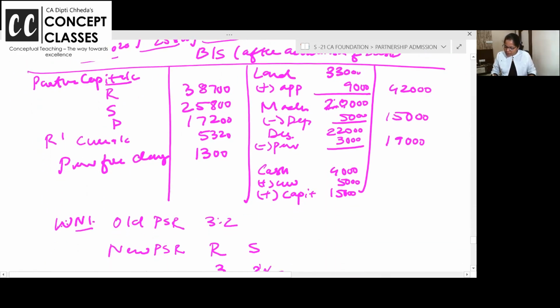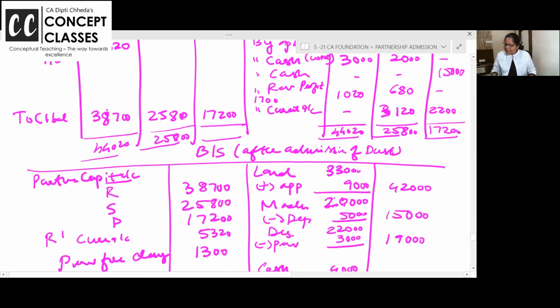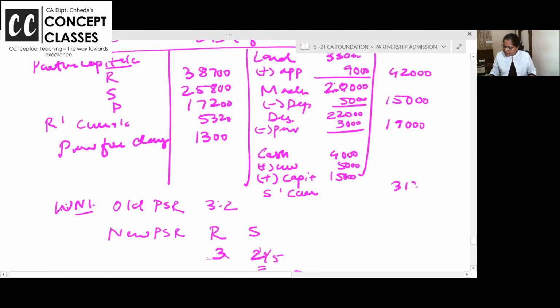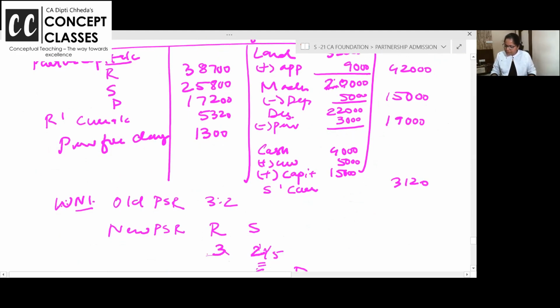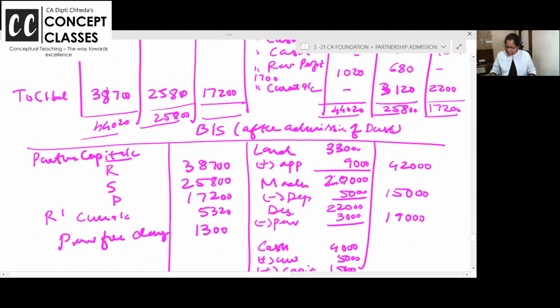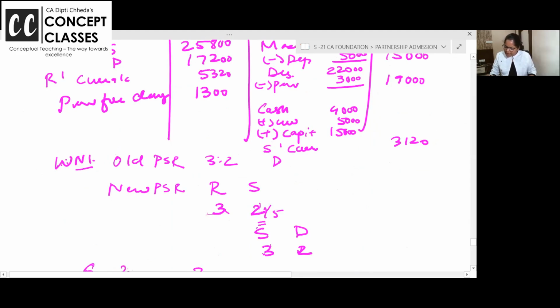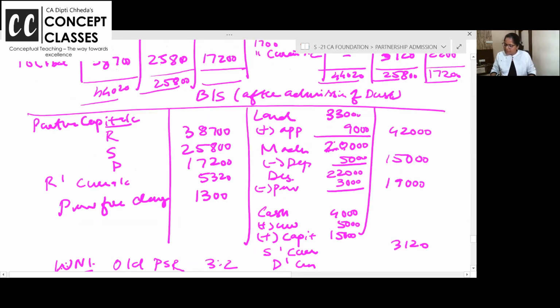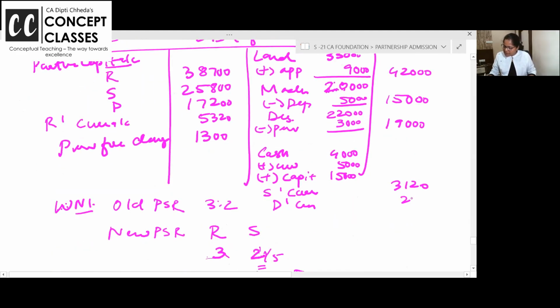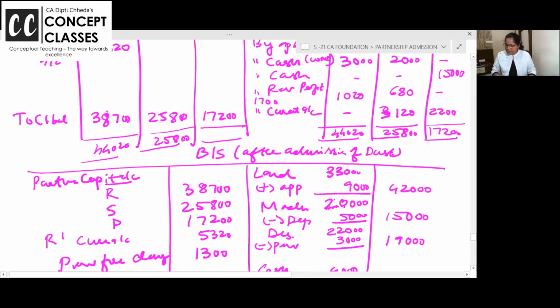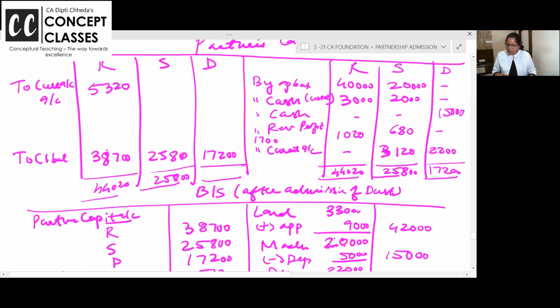Don't be confused, please. S का current account debit side आएगा, 3120. R, S और तीसरे पार्टनर का नाम क्या है? D. D's current account will also come on this side, 2,200. Right? Okay.